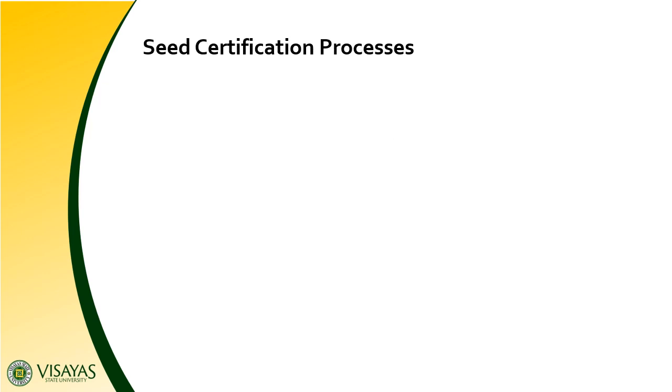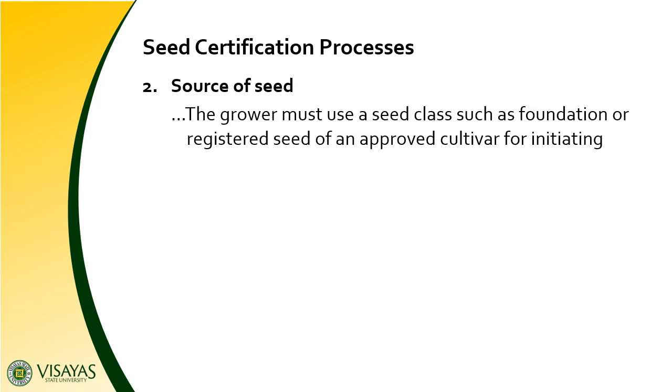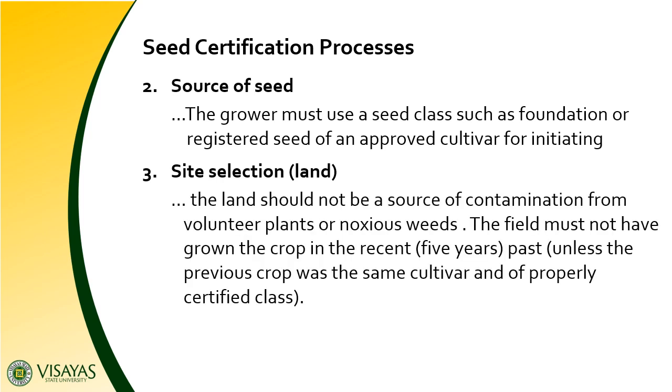So the second step of the seed certification process is the source of seed. The grower must use a seed class such as foundation or registered seed of an approved cultivar for initiating the seed certification process. For the site, the land should not be a source of contamination from volunteer seeds or volunteer plants or noxious weeds.